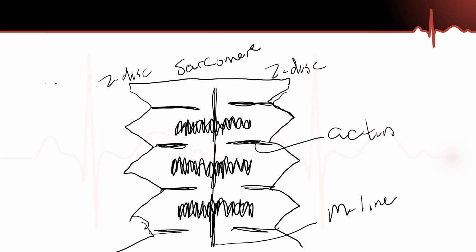Not completely overlaps, but does partially overlap the actin filaments on both sides. So again, the thick filament myosin attaches to the M line and slightly overlaps the actin filaments on both sides. So each one of these is a thick myosin filament.